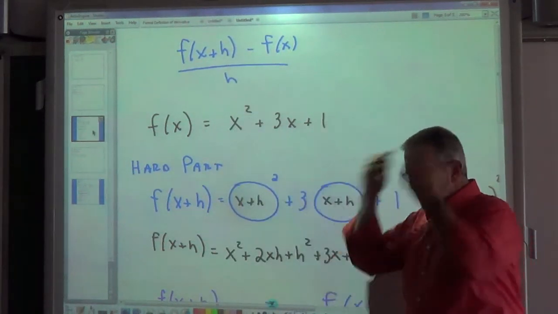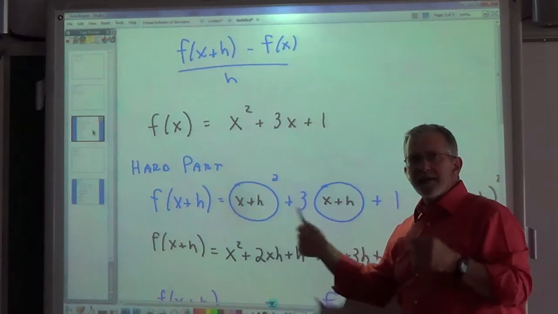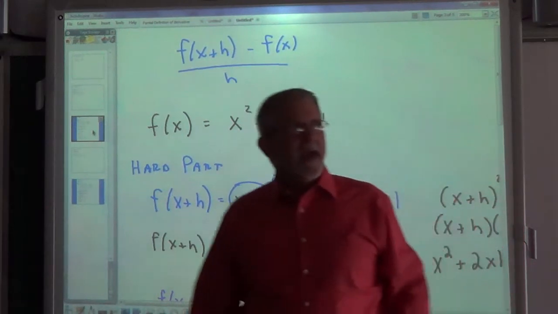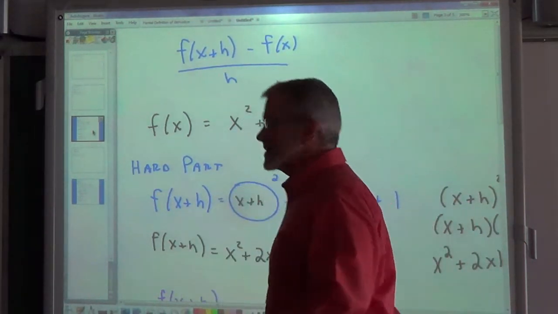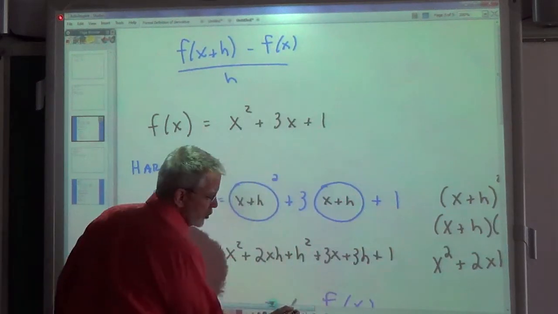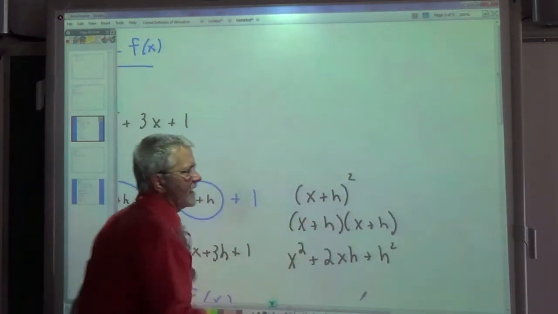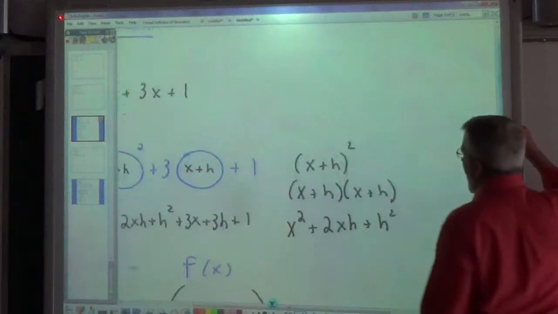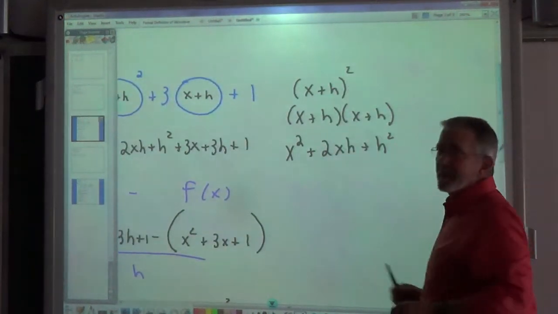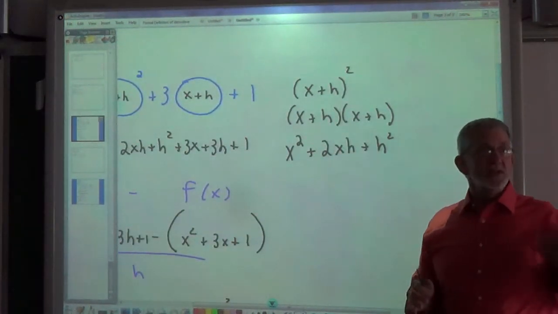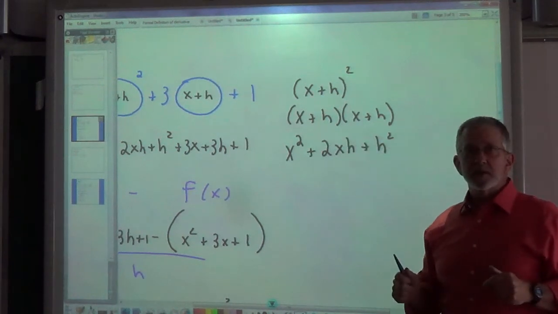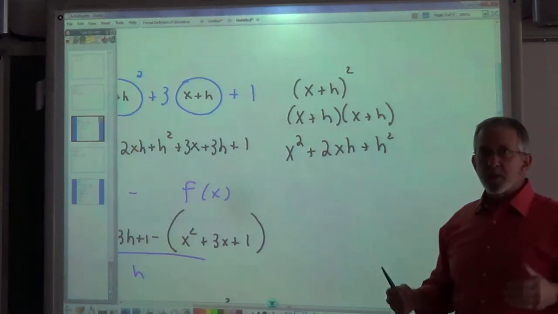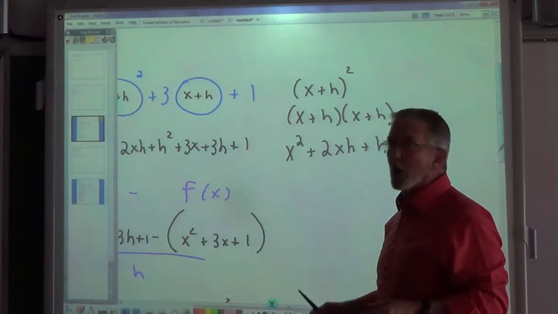So I have x plus h squared. Recall that x plus h squared is the quantity x plus h times x plus h. Use the distributive property, multiply those two binomials, and what do you get?